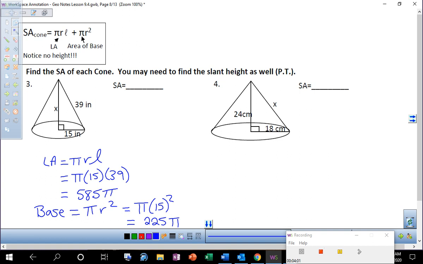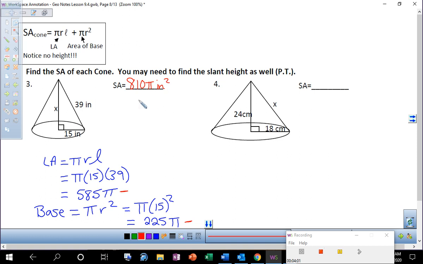So now I can take my 225 and my 585 and put those together to get an answer in terms of pi. That's 810 pi inches squared.